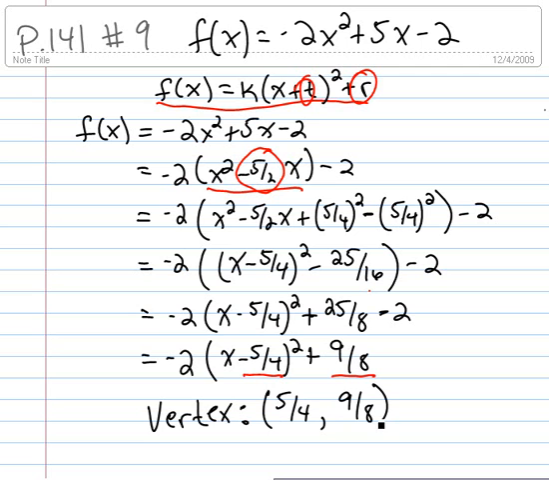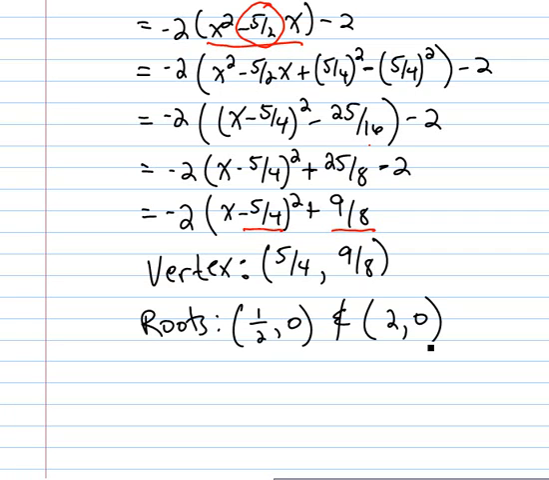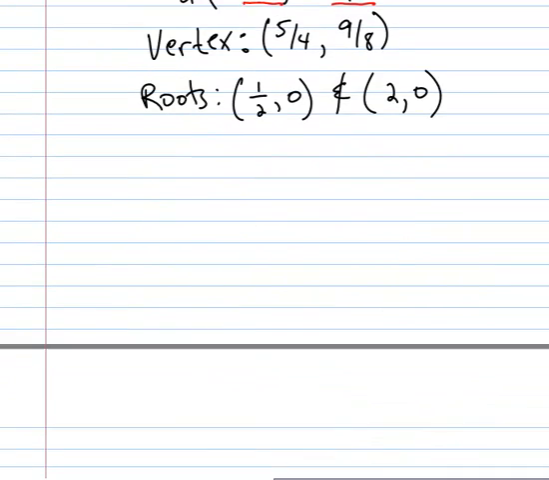And using our quad program, I've found the roots are at, let's see what I find there, 1/2 and 2. So that is over 1/2, 0 and over 2, 0. Okay? So we have the vertex and we have the roots, and now we can easily sketch the graph of this thing.